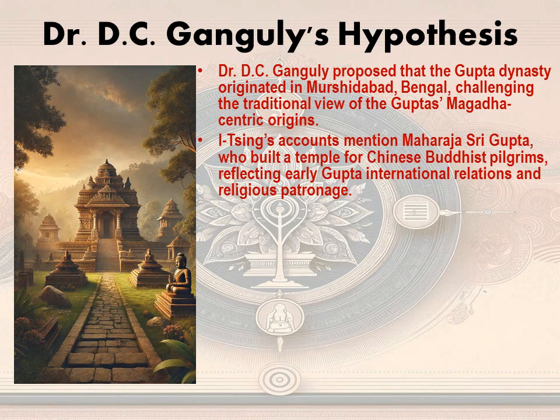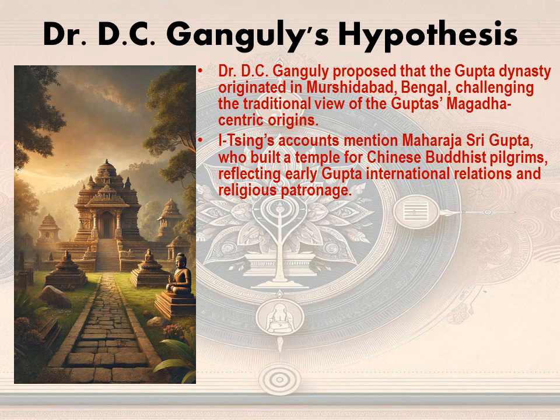I-Tsing's account mentions Maharaja Sri Gupta, who built a temple for the Chinese Buddhist pilgrims, reflecting early Gupta international relations and religious patronage. So, according to the travel accounts of I-Tsing, Maharaja Sri Gupta built a temple for Chinese pilgrims, meaning there was a very good relation between India and China.